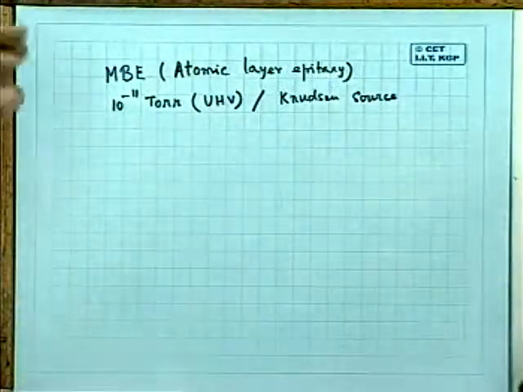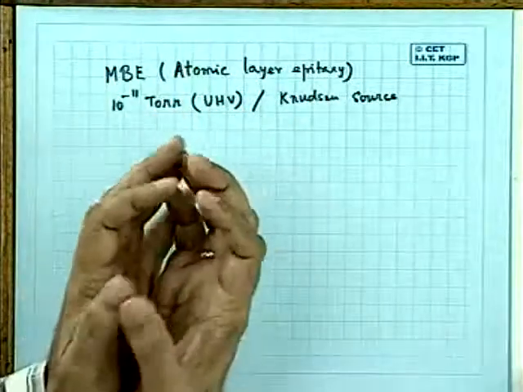Otherwise, there are various techniques to evaporate the molecules and form a molecular beam. And this molecular beam is allowed to fall on a substrate at a high temperature. So what happens? The molecules roam around the surface, try to find a nucleation site, and that's how epitaxial growth takes place. One can grow atomic layer by layer films, which is epitaxial in nature.